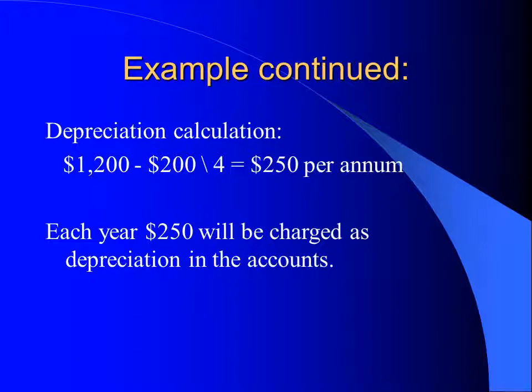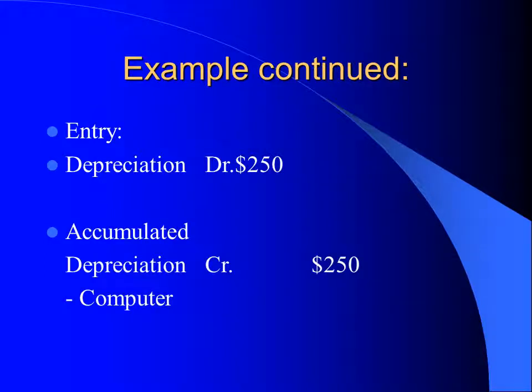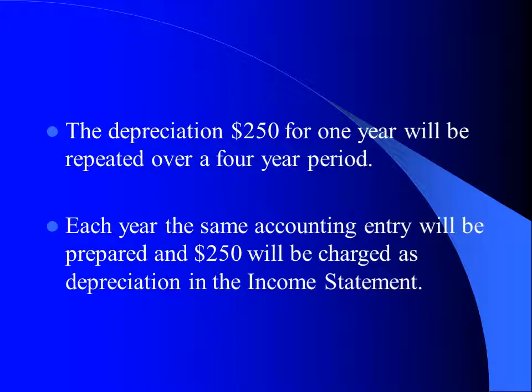$250 will be charged as depreciation in the accounts. So the accounting entry is shown down below. We debit depreciation and we credit accumulated depreciation. So now the $250 that we calculated as depreciation will be repeated over the life of the asset.